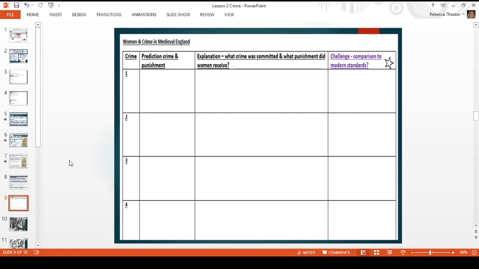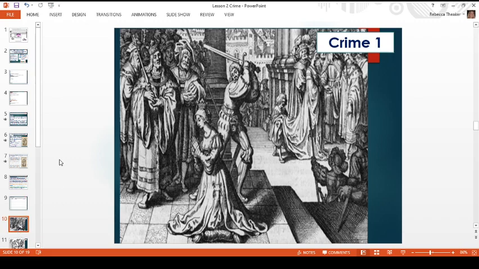Okay, so crime number 1, your guess is going in this first box here. Have a good look at all of the characters, have a think about what you think's going on here. You're thinking about the crime.